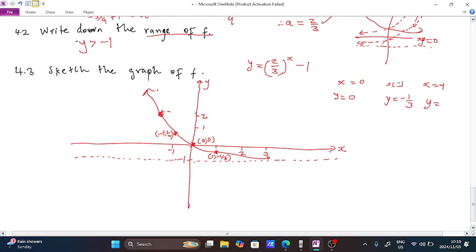Okay. Now we know C has coordinates of x and 19 over 8. Since C is on f, and this is our graph of f, we can simply get the value of x.